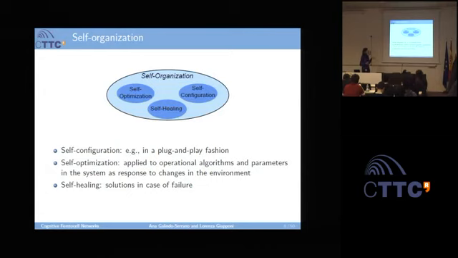This means that when a new entity arrives to the system, it will use this kind of self-configuration system to initialize its process. A good example for femtocells will be how a femtocell can get its IP address.